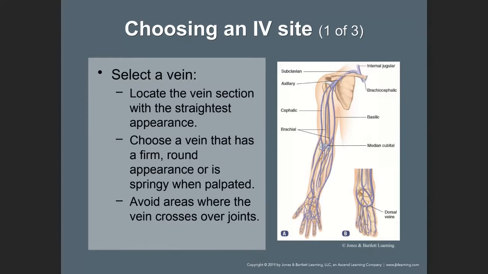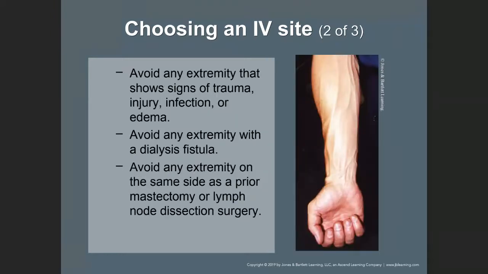Avoid areas where the vein crosses over a joint, that can be dangerous. Avoid any extremity that shows signs of trauma, injury, infection, or edema. Avoid any extremity with a dialysis fistula. Avoid any extremity on the same side as a prior mastectomy or lymph node dissection surgery.